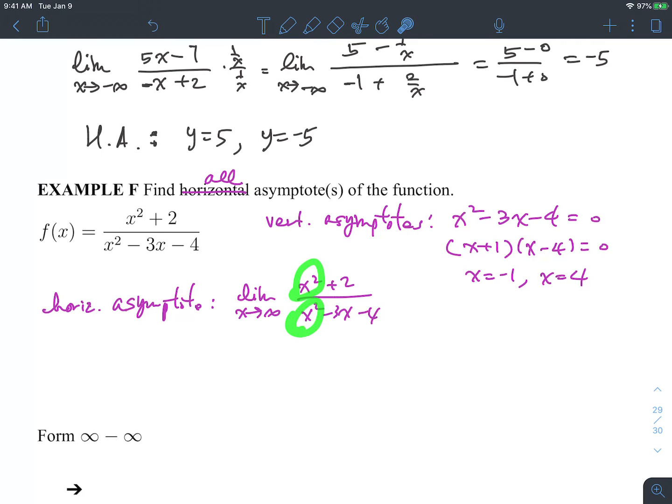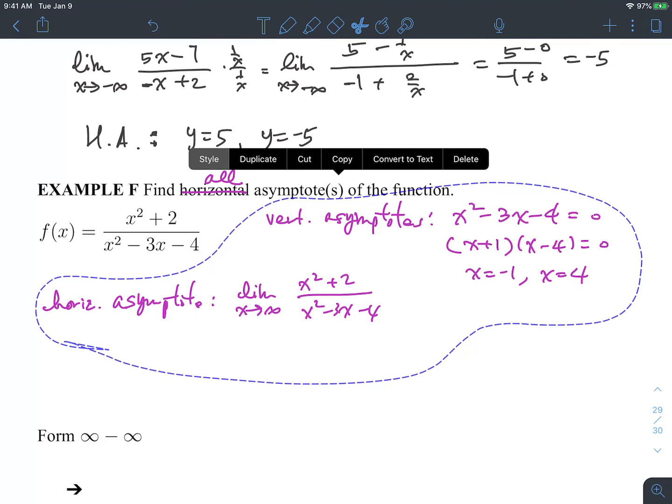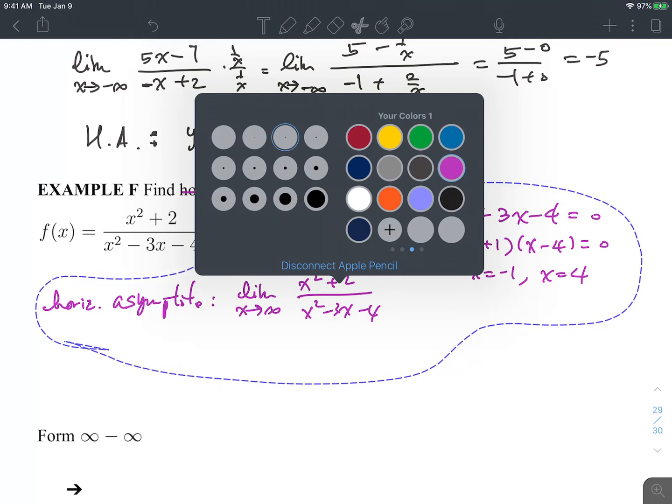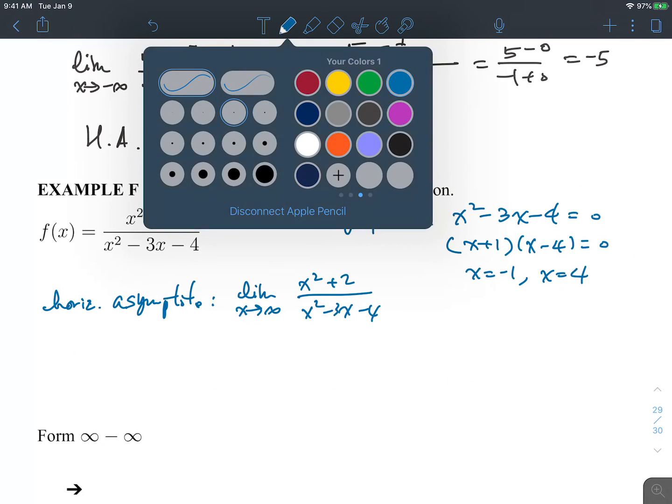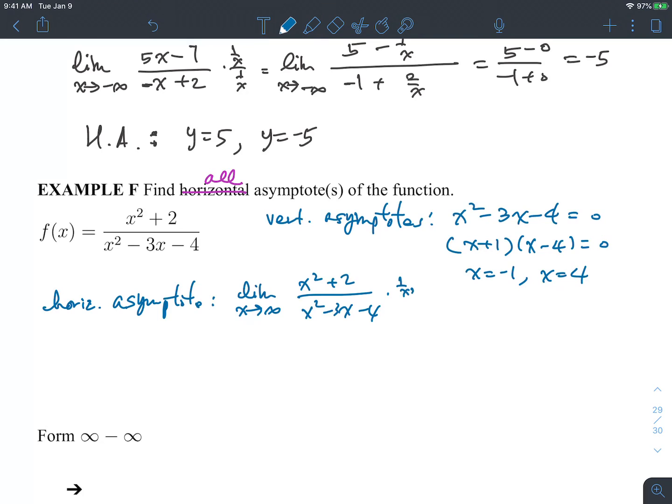When these get really big, these become kind of meaningless, right? So I actually didn't want all this to be magenta. Too much red, too much of a good thing. So let's go blue on this one. So this is 1 over x squared times, and that will yield us 2 over x squared over 1 minus 3 over x minus 4 over x squared.